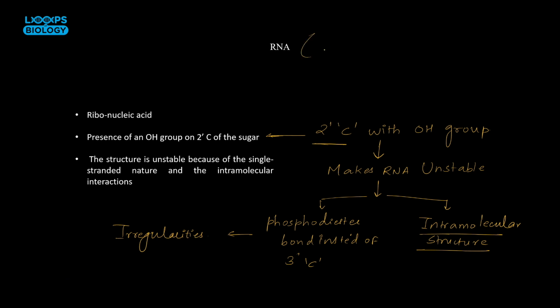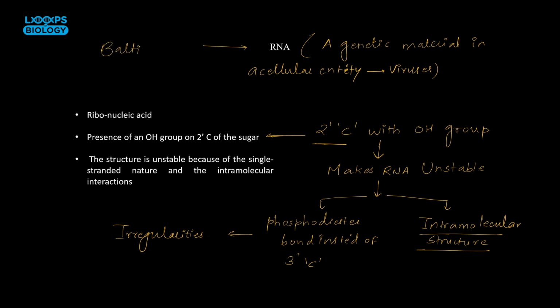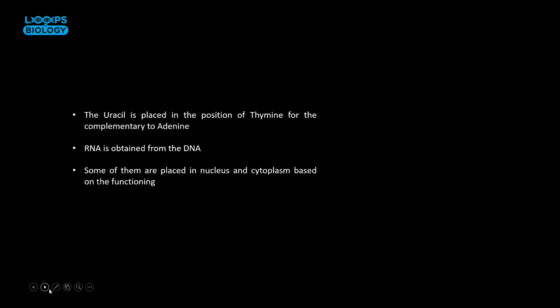And RNA is the genetic material in acellular entities, such as viruses. This discovery was done by a scientist called Baltimore. RNA as genetic material.